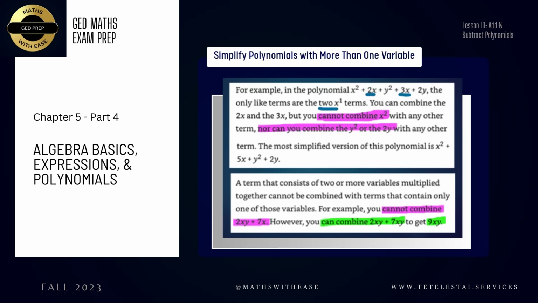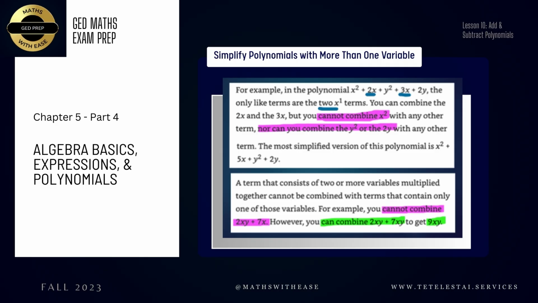So when you're simplifying polynomials with more than one variable, you want to make sure, as I mentioned earlier, that you don't combine unlike terms. Unlike terms essentially are terms with dissimilar variables and powers, or variables and powers that are different.